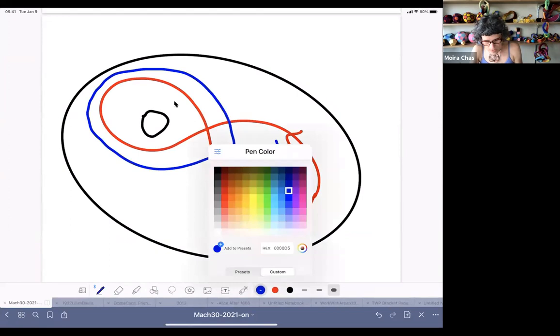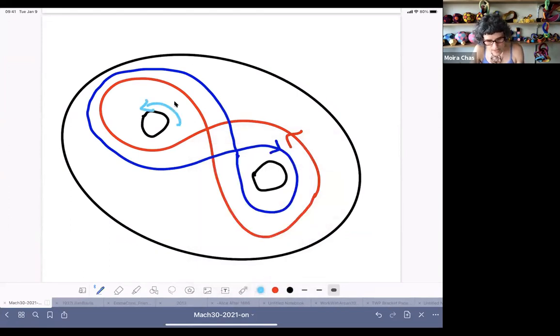And let's say this loop is A. So you go around here, this is A, and you go around here, let's say this is B. So we are bracketing, say the blue, which is A, B, and this is the free homotopic class, of course, with AB or BA.